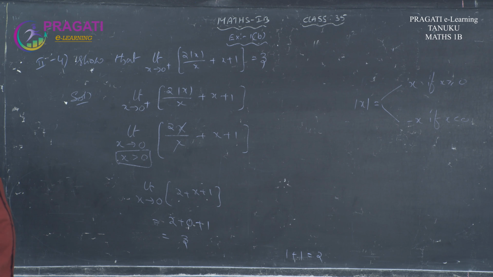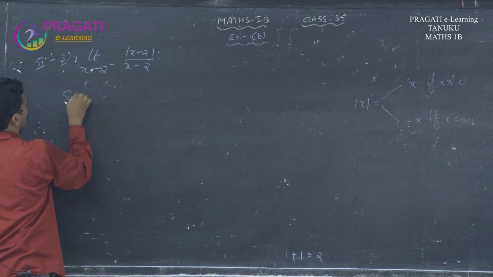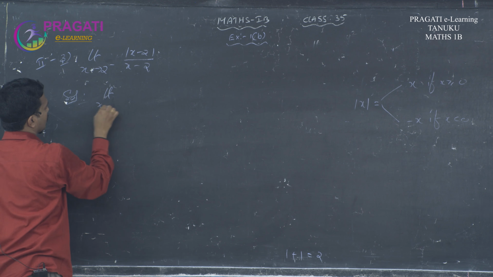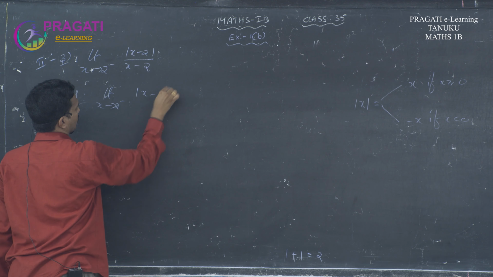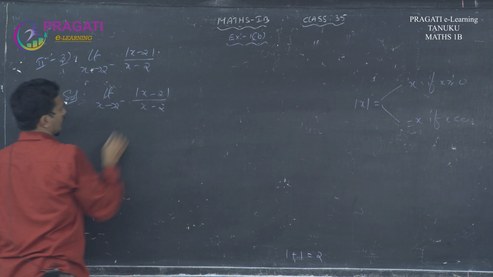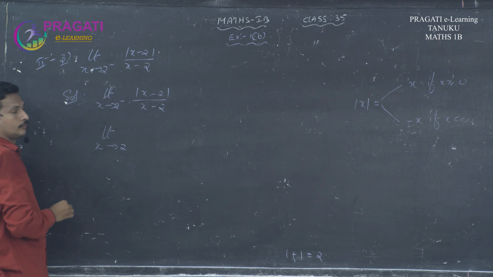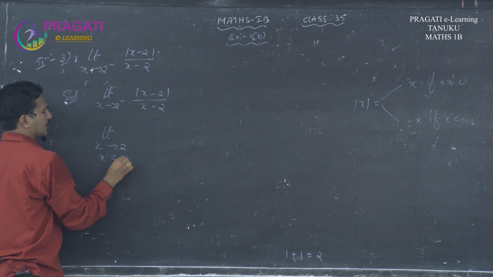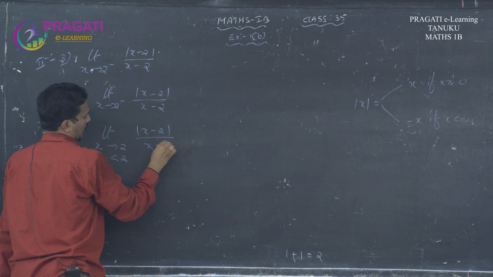Okay, one more problem. Find the value of limit x tends to 2 minus of modulus of x minus 2 by x minus 2. The solution: limit x tends to 2 minus means x less than 2, of modulus of x minus 2 by x minus 2.